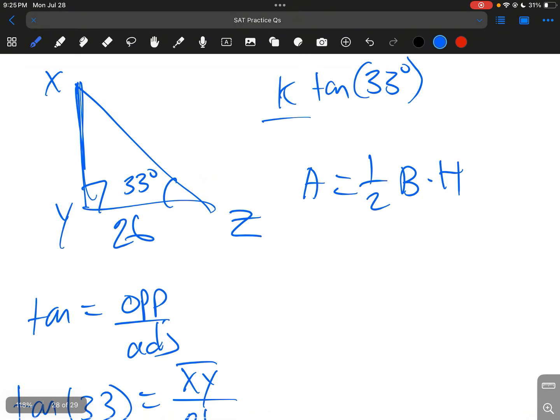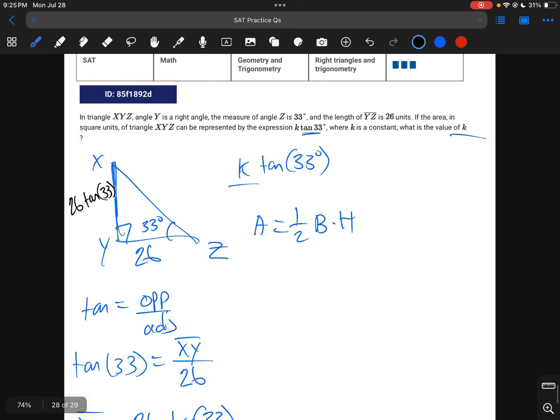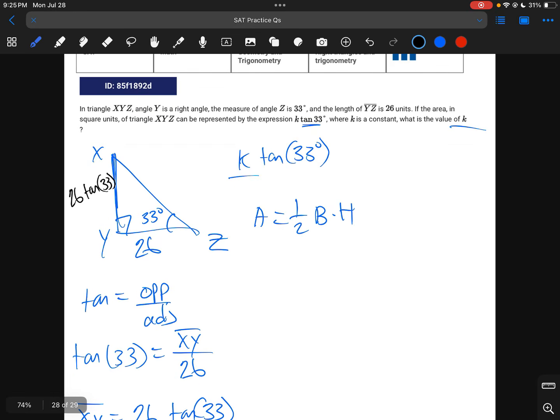So XY here is 26 tangent of 33. So which means our area is 1/2 the base, which is 26, times the height, which is 26 tangent of 33.